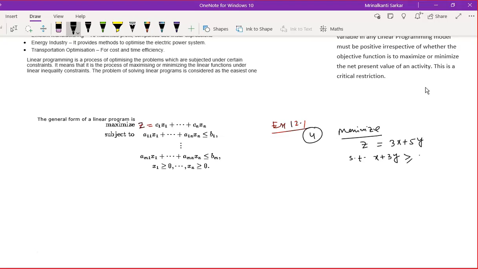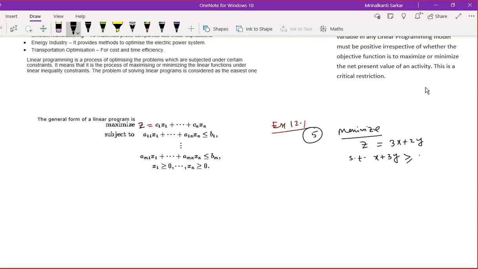Wait a minute, then this will be a minimization problem. For maximization problem, it will be just changing the sum. Let me do a maximization problem first. 3x plus 2y. This is sum number 5. Then we will solve a minimization problem.